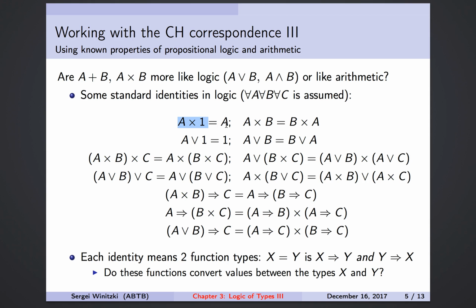What do they do? So the interesting question is, can we somehow convert one type into the other and back without any loss of information? If so, then the types would be equivalent. We can encode the same information in both types. So then a natural question is, do these identities mean equivalence of types?